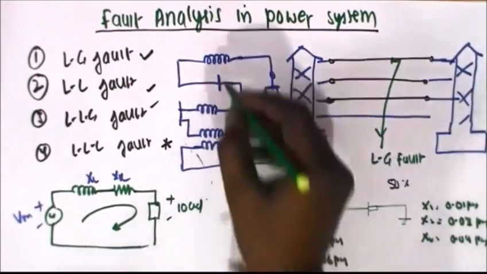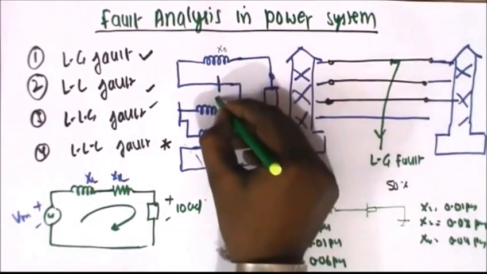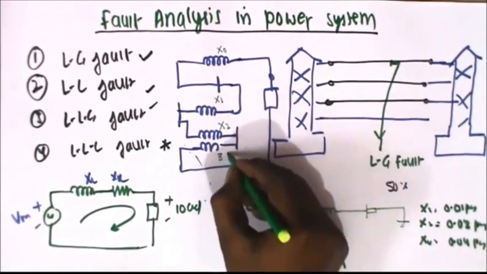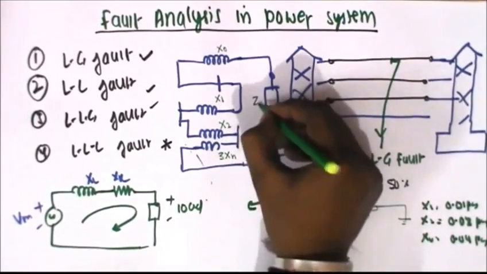So this is the basic diagram of it. This is X0, this is X1, this is X2, and this is 3 times X0. We can say that Z0.